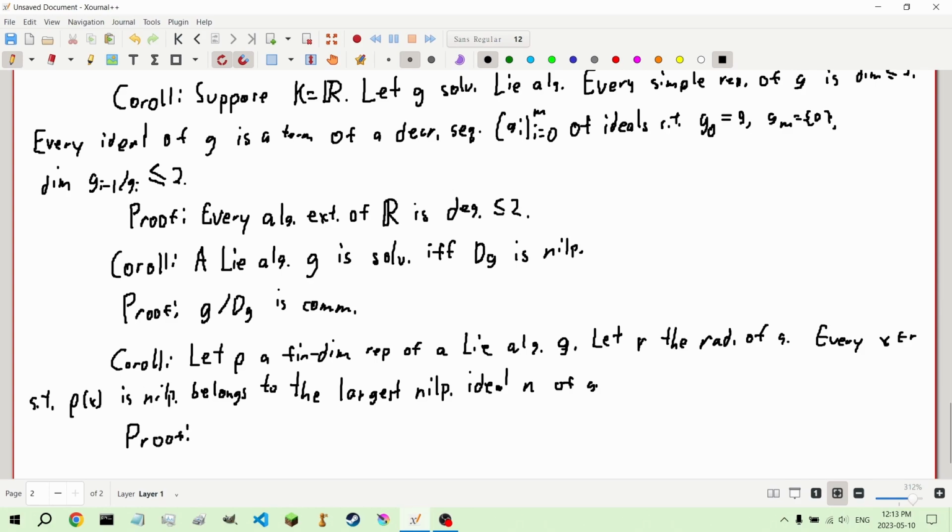Proof. Let V be the space of rho, the same kind of setup we've seen before, with Jordan-Hölder series V_i from 1 to r for the R-module structure.